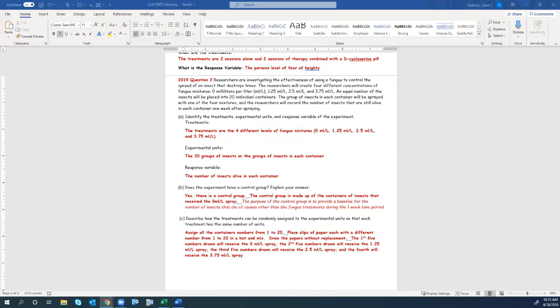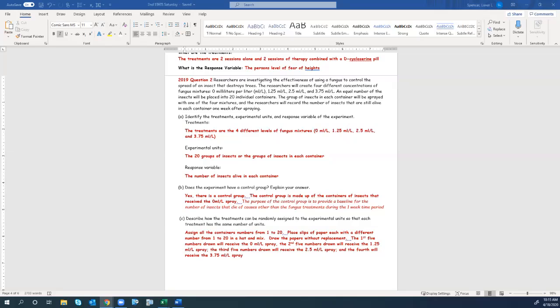Yep. And then our response variable was the number of insects alive in each container. And once again, this was tricky in that if you just said, oh, the number of insects alive, that wasn't your response variable, because you're ultimately comparing the containers.